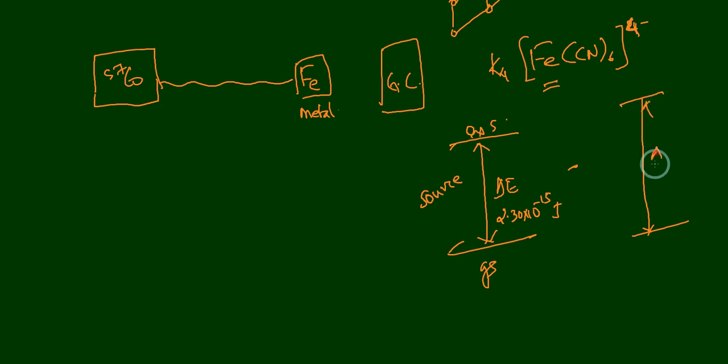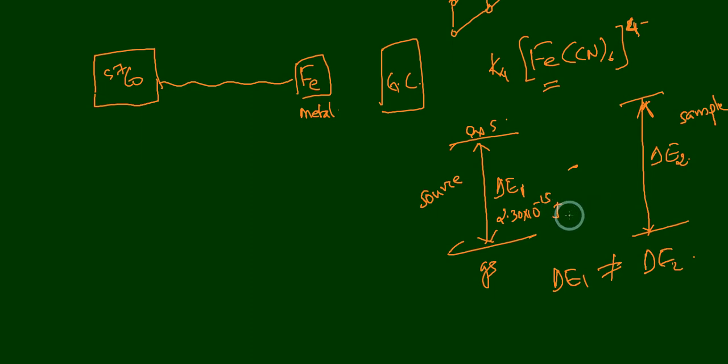So this delta E for the sample iron nucleus will be different from the delta E of the source. If we call them delta E1 and delta E2, delta E1 is not equal to delta E2, because of the chemical surrounding.